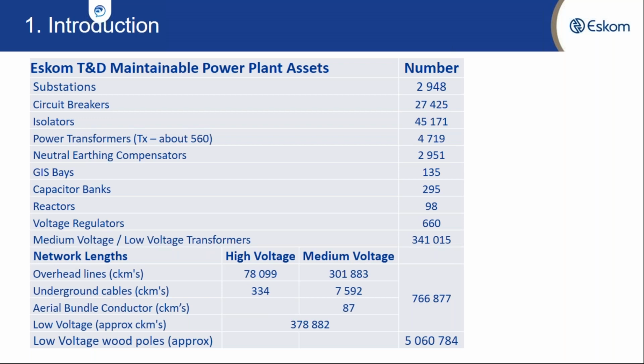We generally talk quantities when it comes to distribution, because the numbers are quite high in that space. Within the transmission space, we talk about sizes, because the units tend to be very big there. Moving down the list, the medium voltage and low voltage transformers are our smaller transformers, generally mounted on structures, and we often see them along the street. For those, we are talking numbers in the range of 300,000.